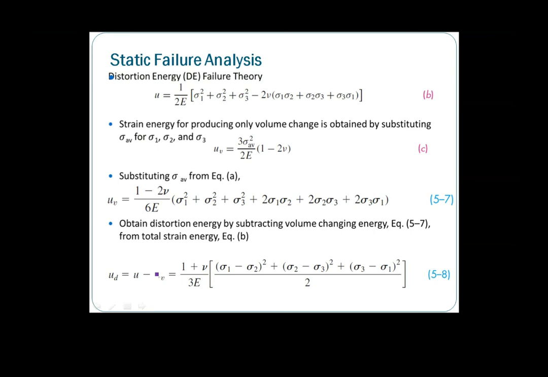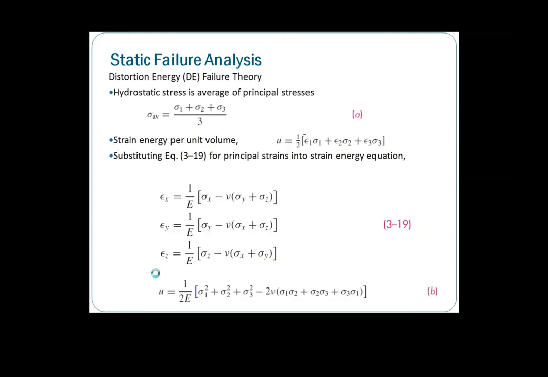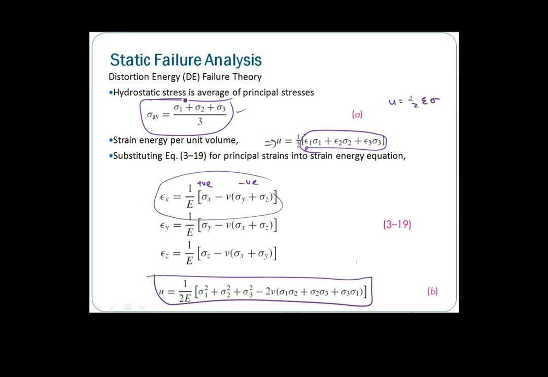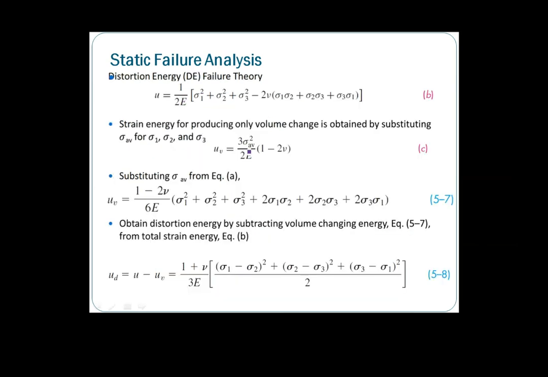If you have strain energy in this case, then our strain energy by volume change, or what we call the hydrostatic, so-called stresses itself, will be using this. Our sigma 1, sigma 2, sigma 3 are substituted by the average, which gives us this.